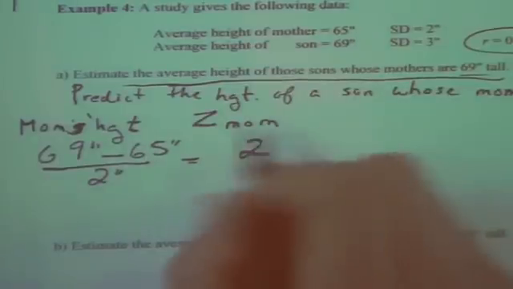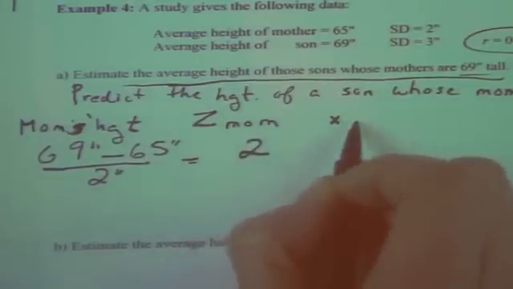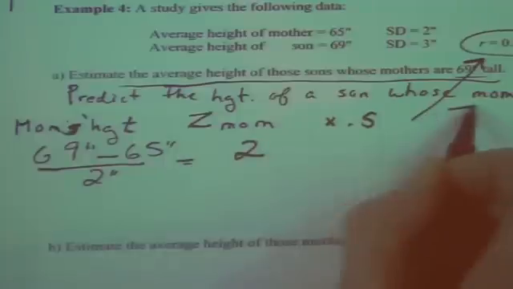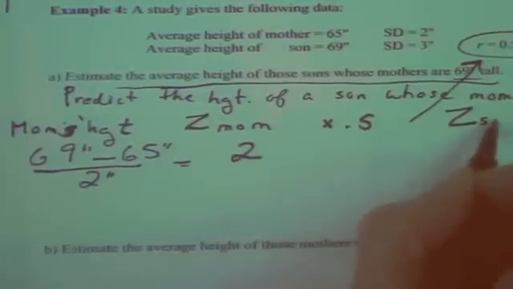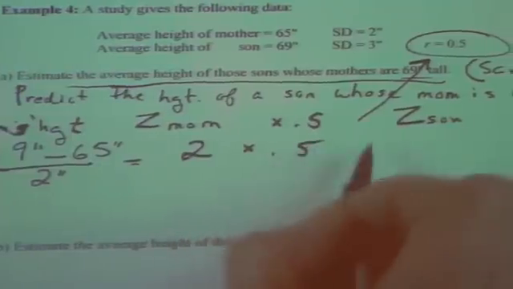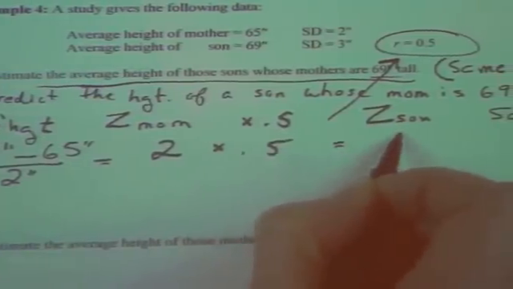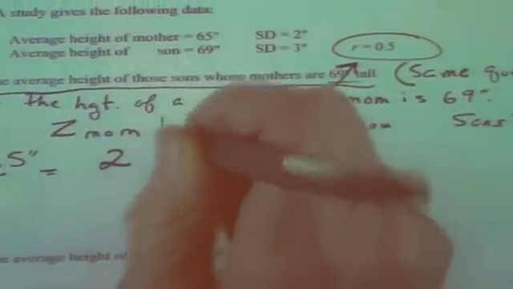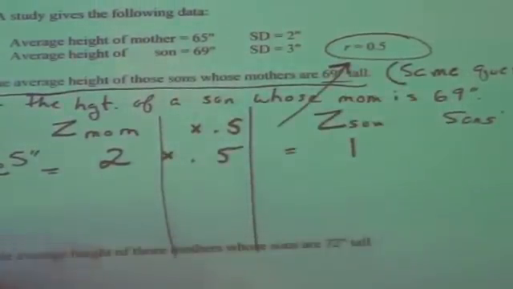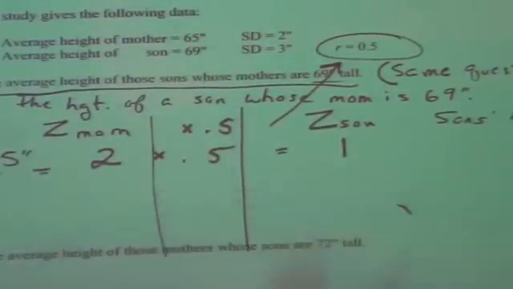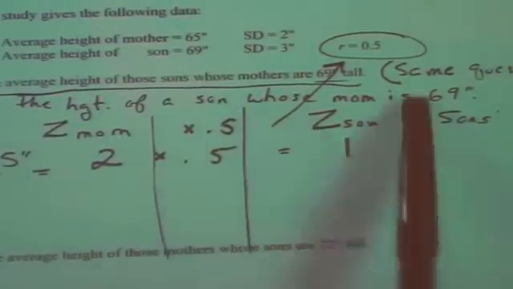So we multiply by 0.5, and then we get the Z-score for the son is 1. So basically, moms are on this side, sons are on this side, and this is what relates them.